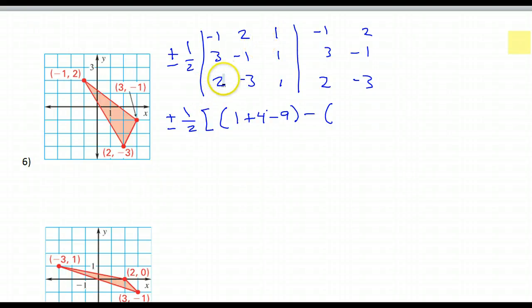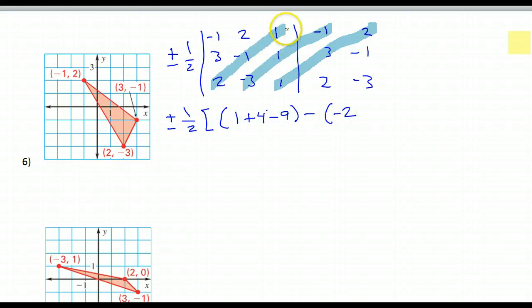Okay, so my up diagonals are here, here, and here. Alright, so that's going to be negative 2 and positive 3 and 6. Okay, and this is how I will get the area.